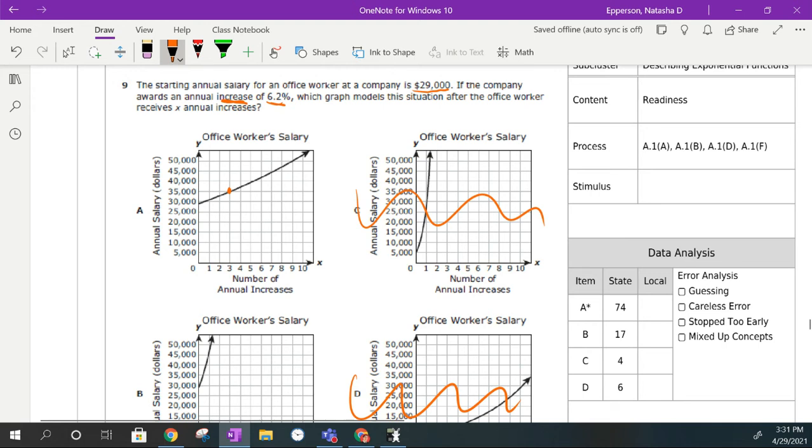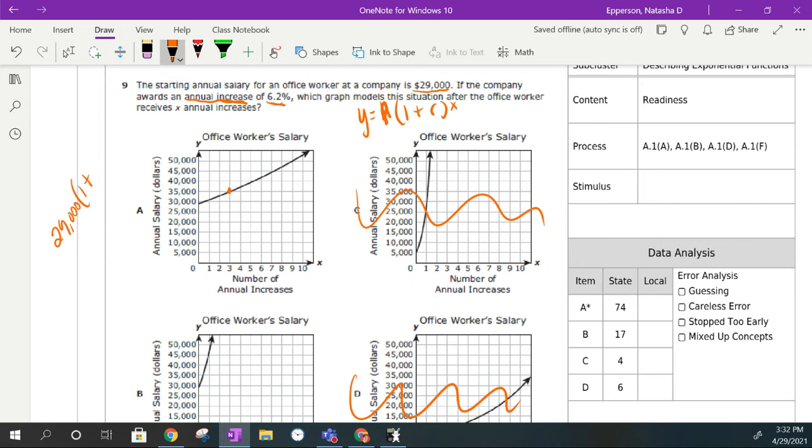Okay, whenever we're dealing with annual and we're dealing with an increase, we're using what's called compound interest. And so the formula for that is y is equal to whatever our first salary or principal amount, times 1 plus our rate, to the power of x. So this formula would be 29,000, that would be our principal amount.